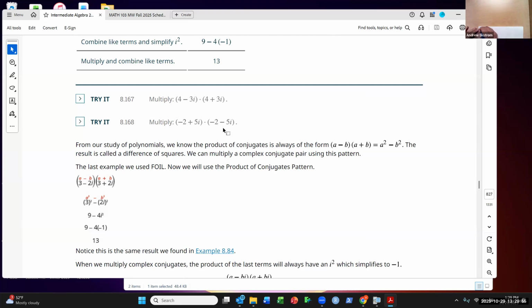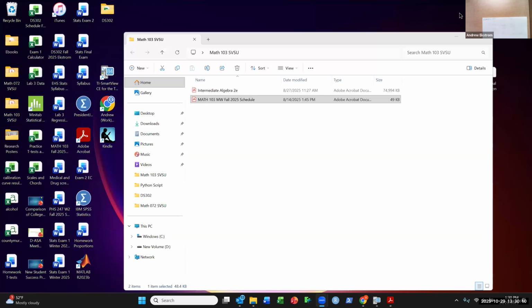So if we're looking at this, we can again FOIL it. So if we've got -2 plus 5i, -2 minus 5i. So this is getting back to some of the ideas of the special forms. If you recognize this, it's basically going to be a squared minus b squared.